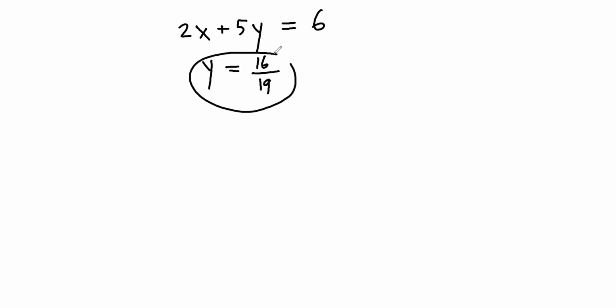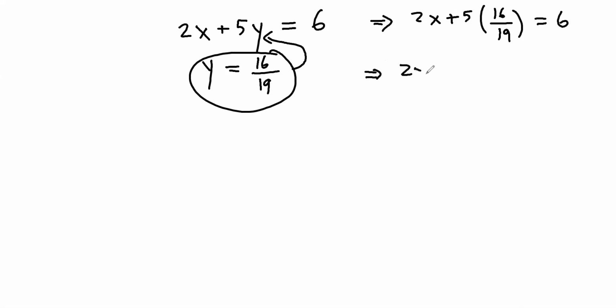So we're going to plug it into the y value right here. So 2x plus 5 times 16 over 19 equals 6, and 2x plus 5 times 16, that's 80 over 19, equals 6.